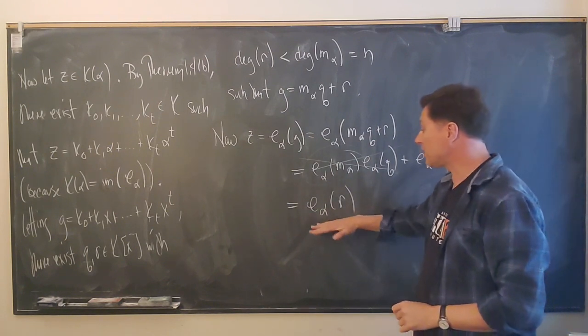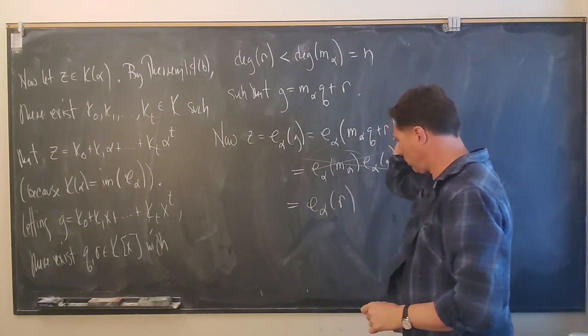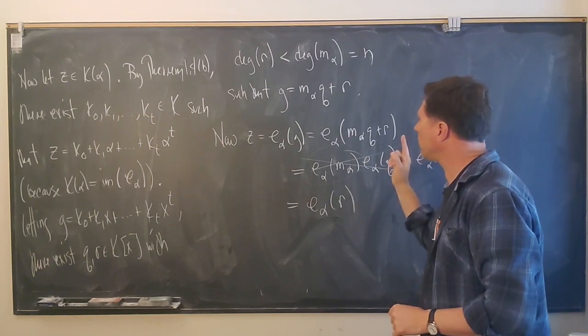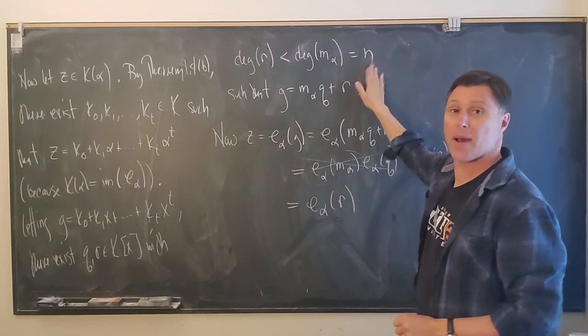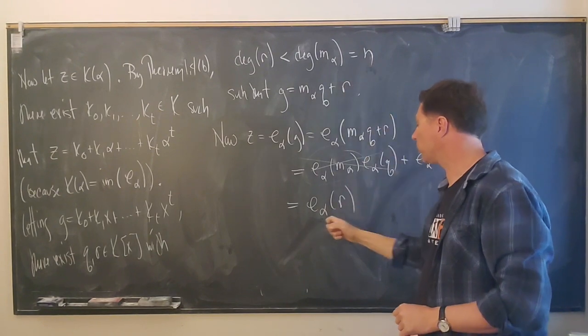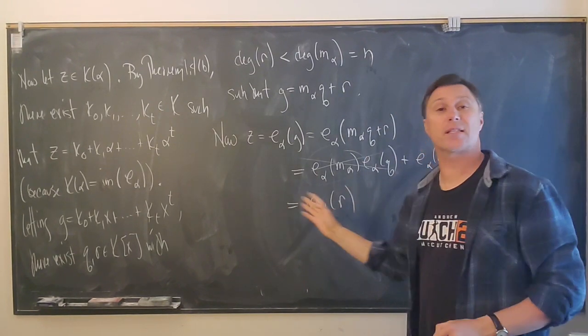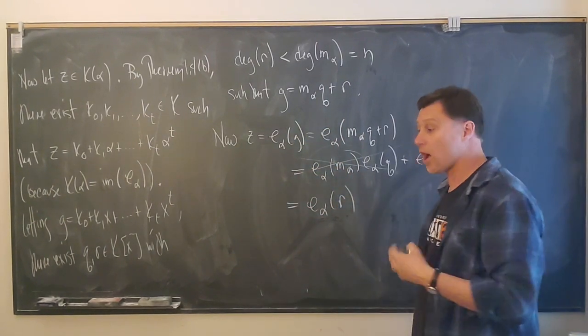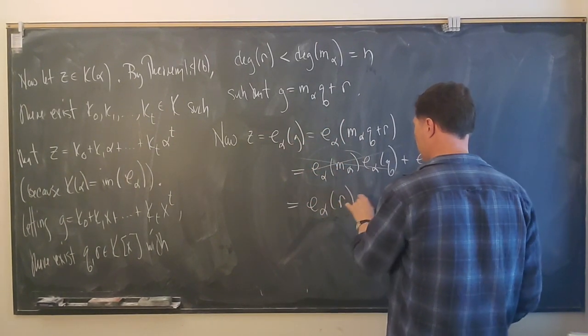And where does this live? Well, r has degree less than or equal to n minus 1, so that when you plug alpha into r, you get something that's in the span of 1, alpha, all the way up to alpha to the n minus 1.